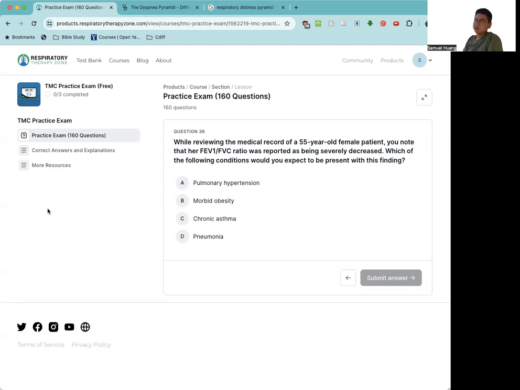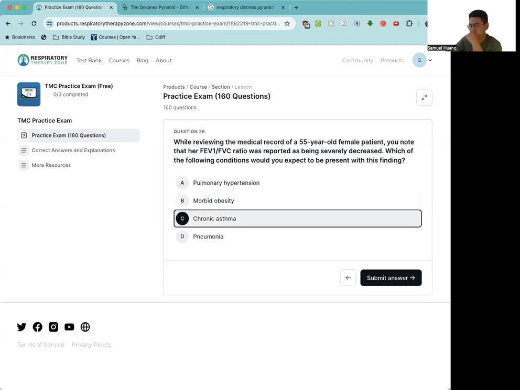So emphysema and bronchitis make up COPD. Cystic fibrosis goes along with bronchiectasis and aspergillosis. Asthma is also obstructive. It goes along with COPD. Nice.